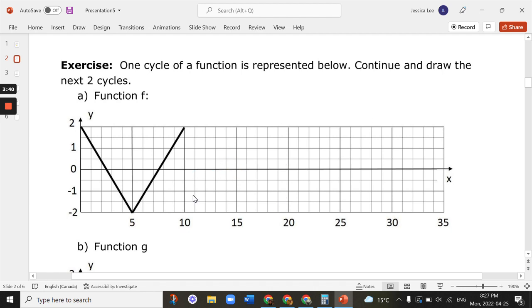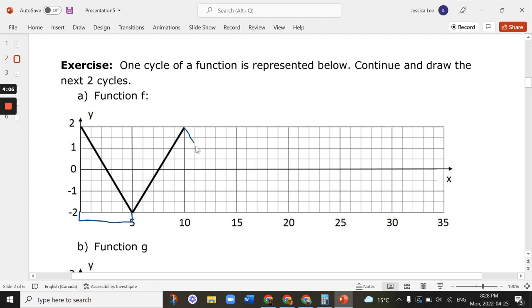I would like you to do it carefully by looking and analyzing how, for example, the stretch goes from the very top at 2 to the very bottom at -2. But I don't want you to just go downward anywhere. I would like you to analyze it carefully and discover that, okay, it takes 5 spots for it to reach from the very top to the very bottom.